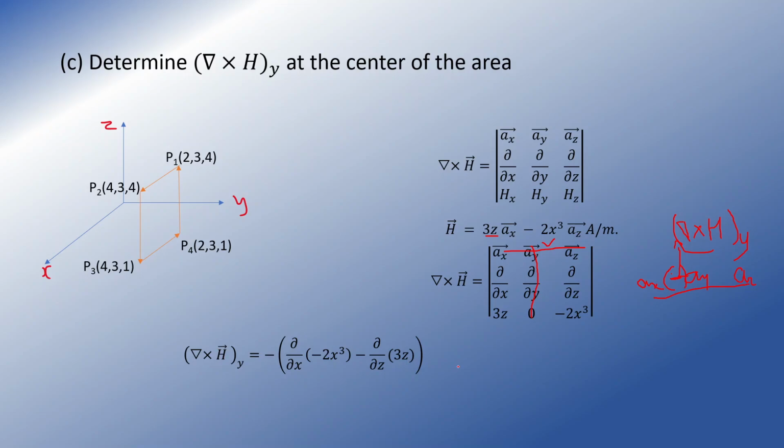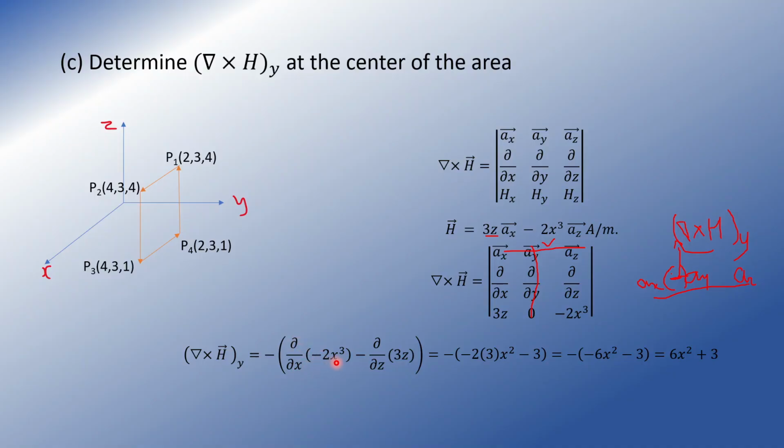So now what do we have to do? We have to substitute the known values, that is for x and z. Which values are we supposed to substitute? Before that, let us do the partial differentiation.